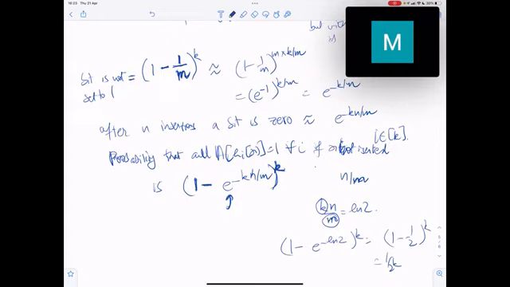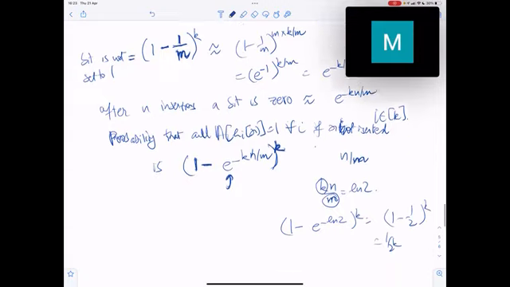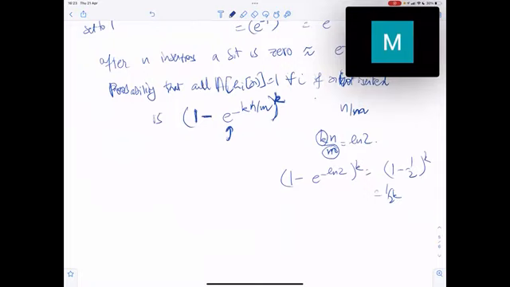So what I'm saying is that by choosing m to be not very large, so what does this mean? This means that m is equal to kn by ln2. Correct?